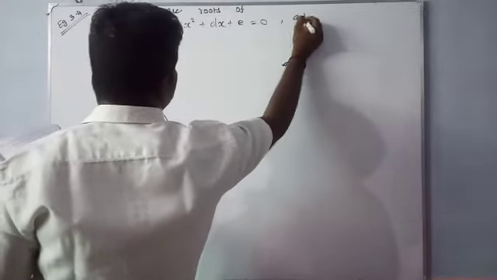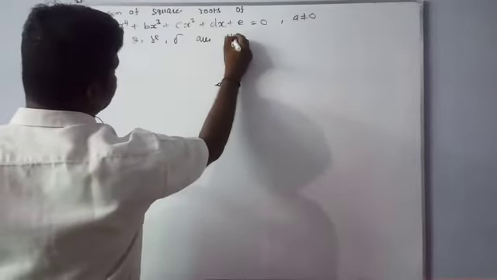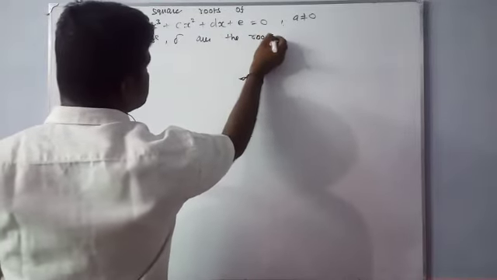Here a not equal to 0 because this is a fourth degree polynomial. How to find the roots of the fourth degree polynomial? The fourth degree polynomial roots are alpha, beta, gamma, delta. There are four roots of the above equation.